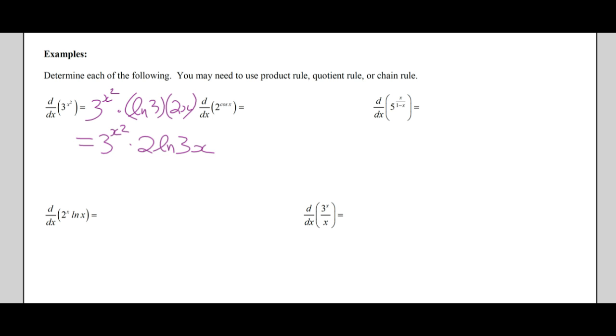Take the power, put it back. It'll be the ln of 3 squared, which is 9. So 2 ln 3 is the ln of 9, and then the x, or x ln 9, I suppose.